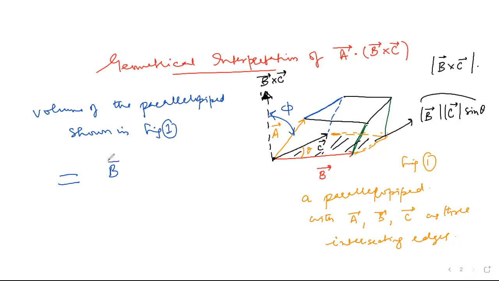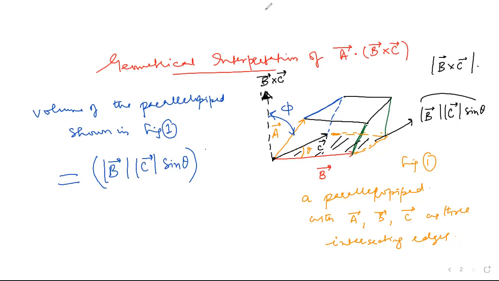That is the magnitude of B, magnitude of C, the sine of theta, this area of the base, right? Then I multiply this with what? With the height of the parallelepiped. What is that?